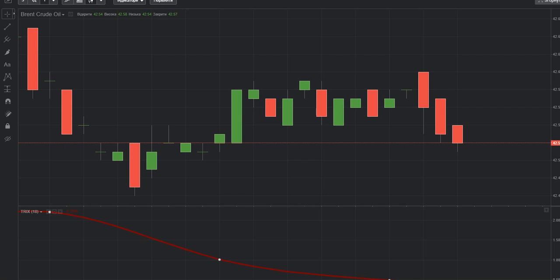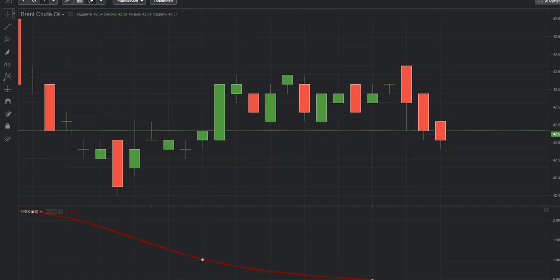This can result in multiple false signals for trend traders. That's why it's important to keep an eye on the price action and which way the market slides, and always look at the big picture, using multiple time frames, to increase your odds of trading in the right direction.